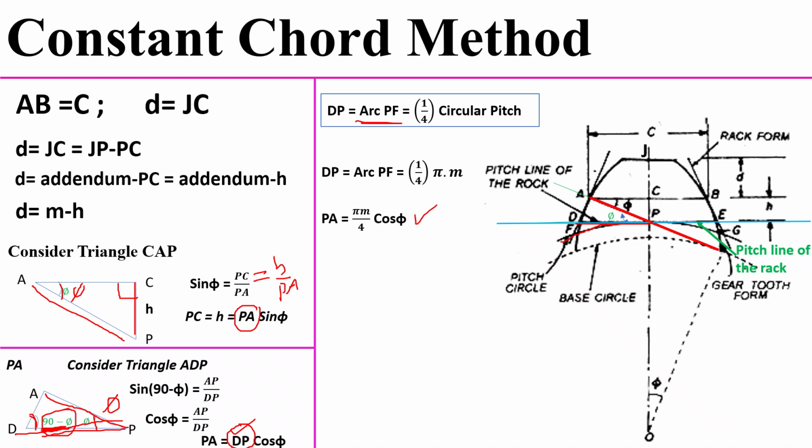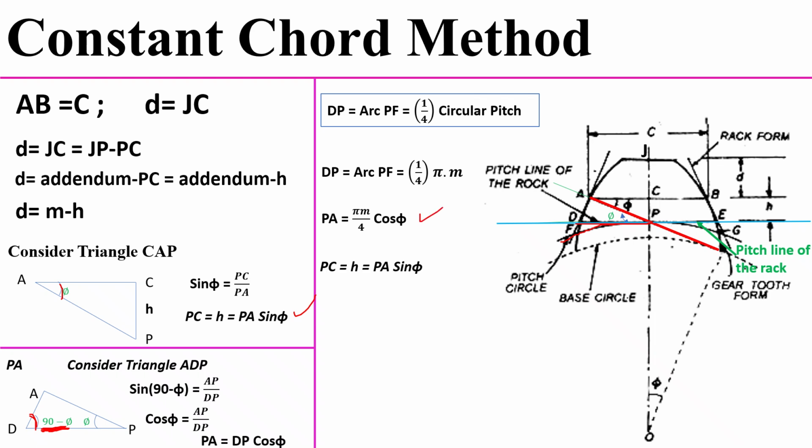So let's go for the first equation, which is H equal to the PA divided by sin phi. We know that small h equal to the PA into sin phi. We know the PA value. Then h will become PA into sin phi, which is equal to pi m by 4 cos phi into sin phi.